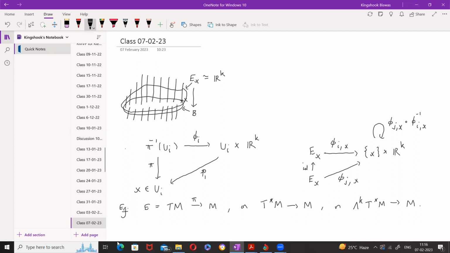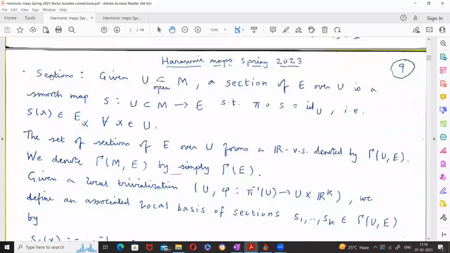So the definition of a section is, given an open subset U of M, a section of E over U is a smooth map s from U in M to E, such that the projection pi composed with s is the identity of U. In other words, this means that s(x) belongs to E_x, the fiber, for all x in U.